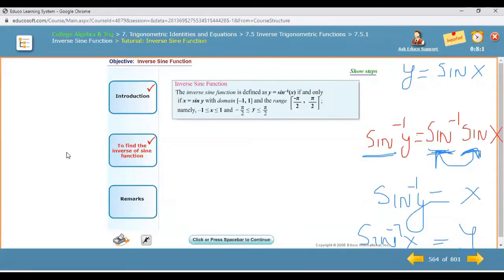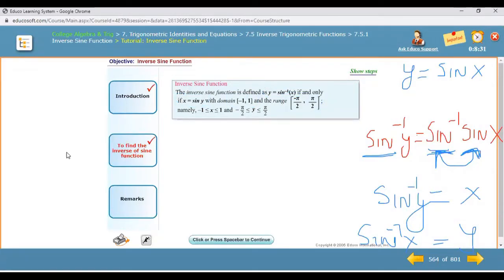The inverse sine function is defined as y equals sine inverse x if and only if x equals sine y, with the domain and range. All right. Now let me write it down because it is a bit confusing.